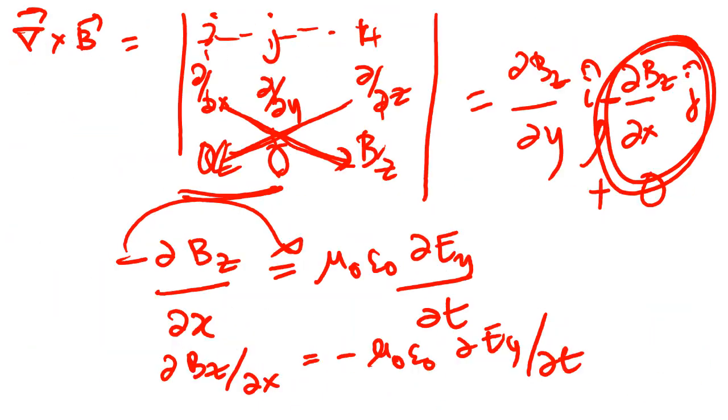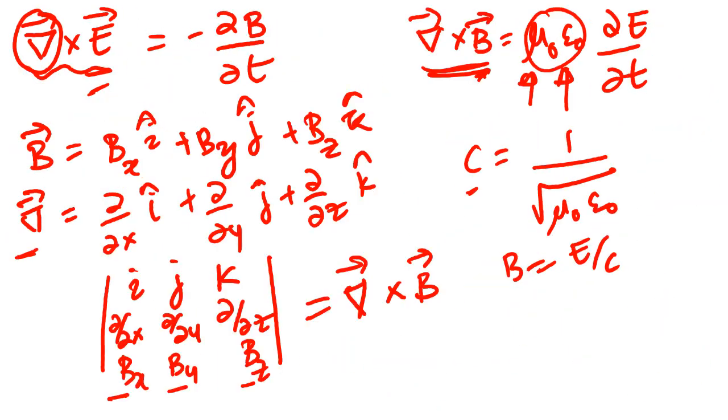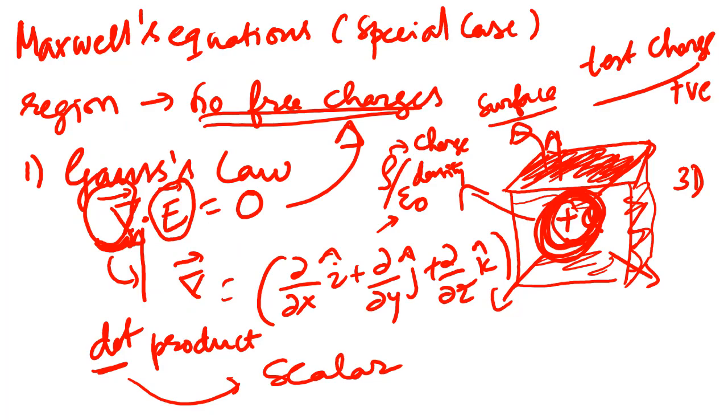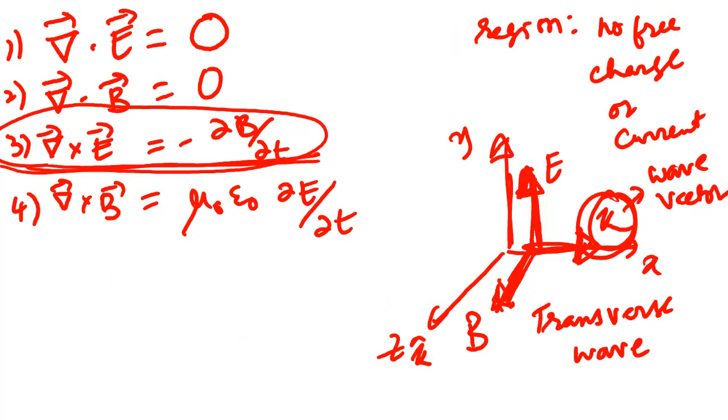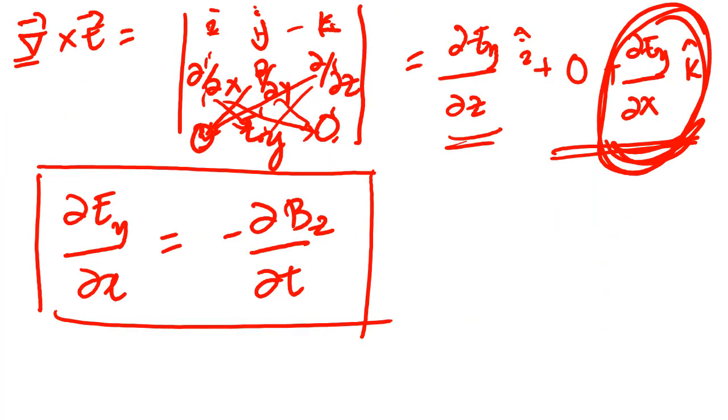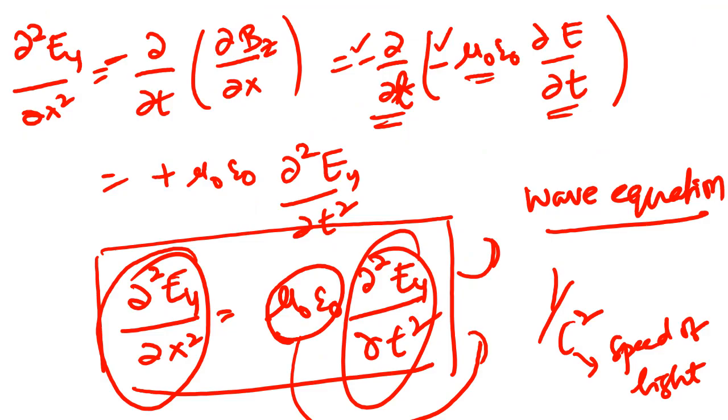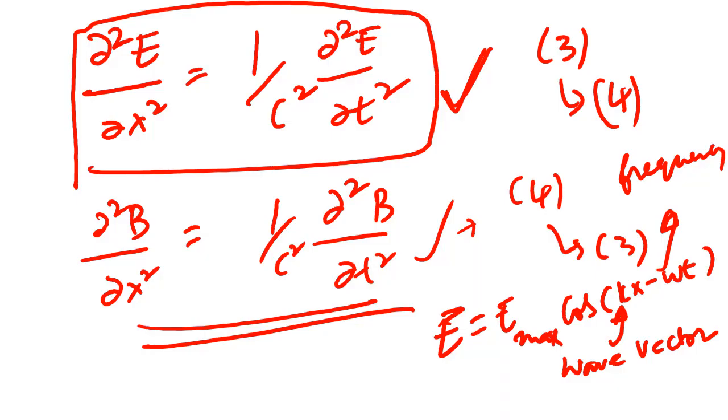To put it more precisely, sorry about the slides changing randomly there. We have cosine(kx minus omega t).